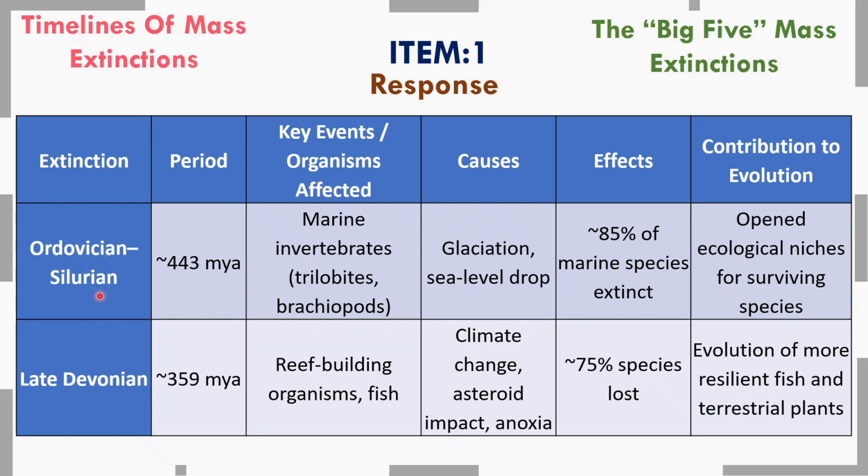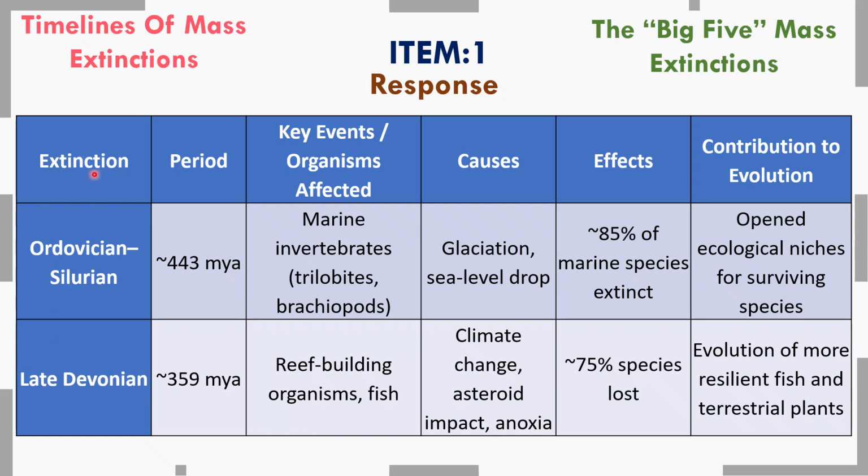Ordovician-Silurian, which is a period of approximately 443 million years ago, and organisms affected were marine invertebrates, trilobites, brachiopods, and the cause was glaciation and sea level drop, and the effect was approximately 85% of the marine species extinct. And the contribution to evolution, it opened ecological niches for surviving species.